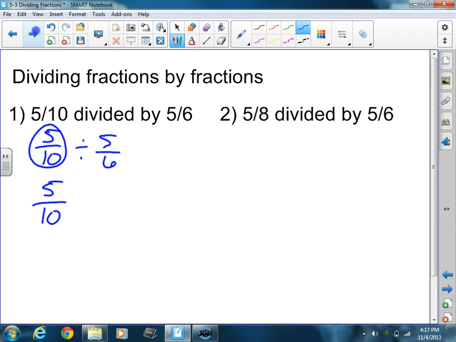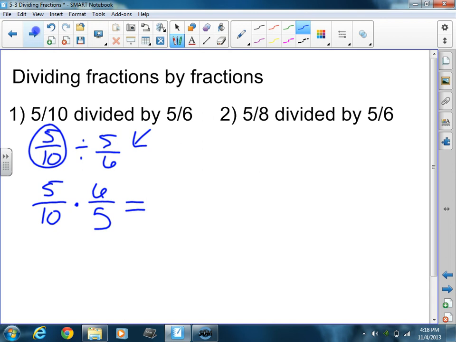The first fraction always stays the same, and that is important. If you take the reciprocal of the first fraction, your answer is going to be incorrect. So make sure the first fraction listed stays the same. You're going to take the reciprocal of the second fraction. So 5 over 6. Reciprocal of 5 over 6 is 6 over 5, because we just flip it upside down.